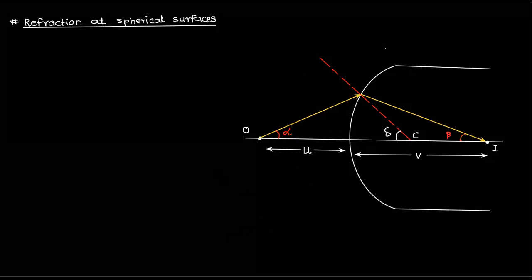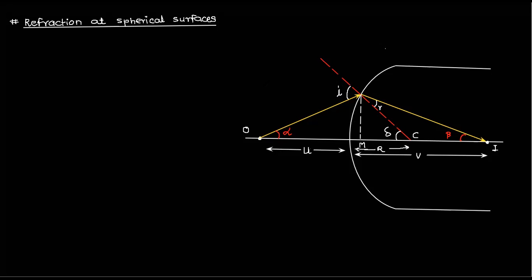Now again I am drawing one normal from this point on this. This is the normal drawn, and this point is point M. Then again this angle will be i, and with respect to this is the angle of refraction. And from this to this is your radius of curvature, this is R from the center of curvature.